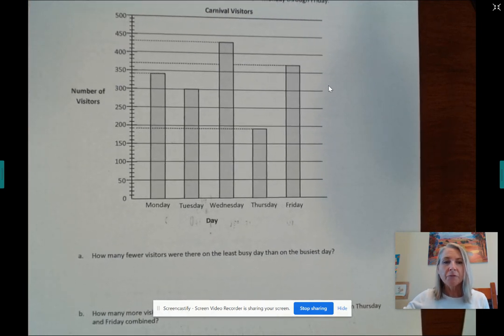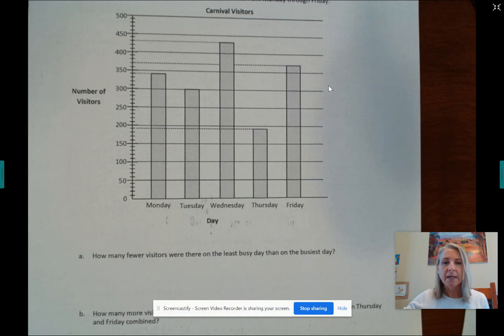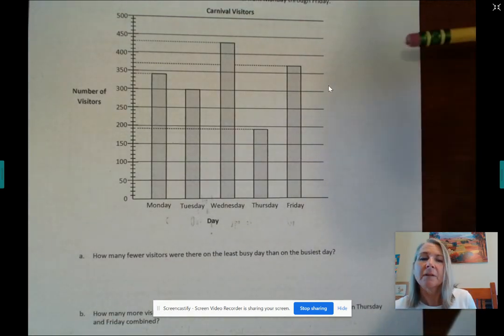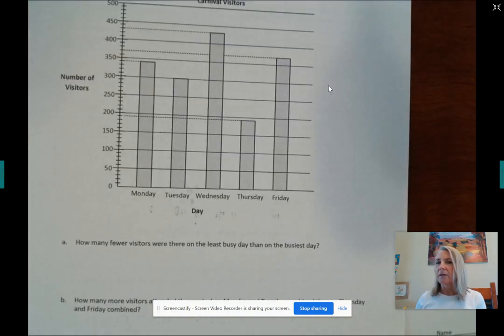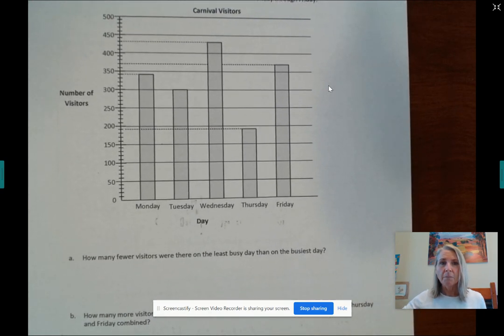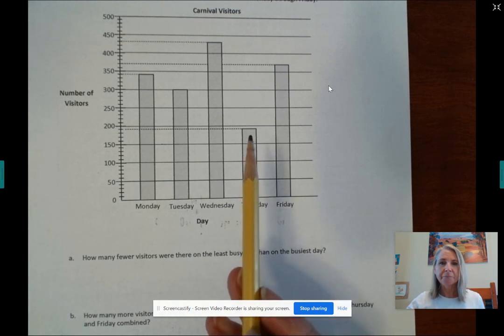Well, it says how many fewer visitors were there on the least busy day than on the busiest day. So remember, the least busy day would mean that there weren't very many people there. So I need to find the smallest bar on the graph, which is Thursday.